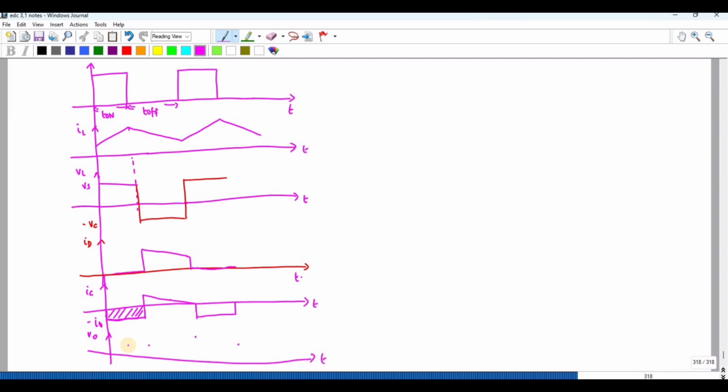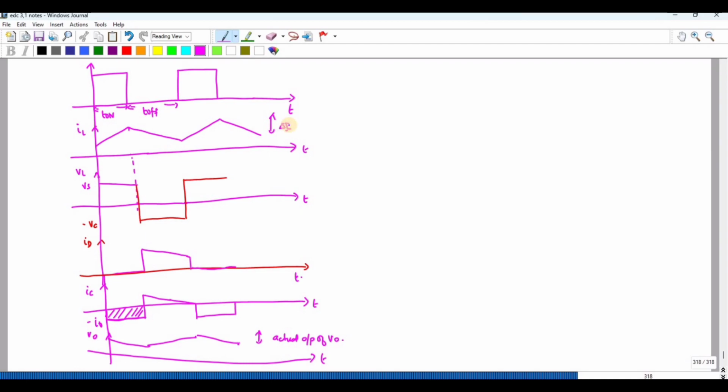So this is the actual output of V naught, and this is nothing but del I.